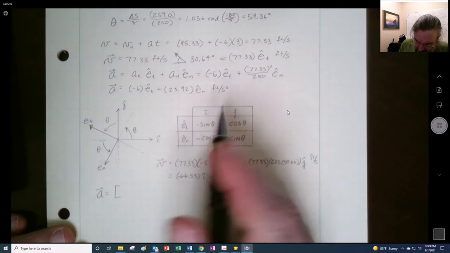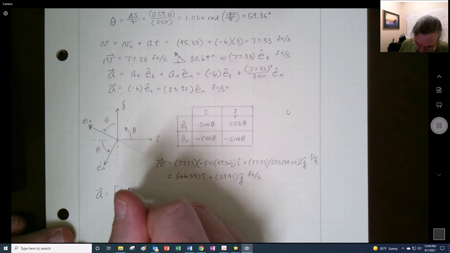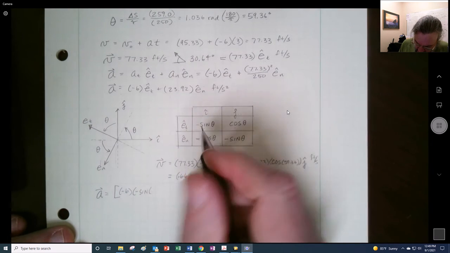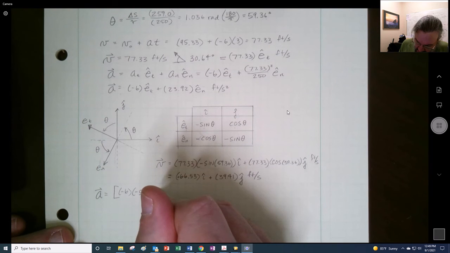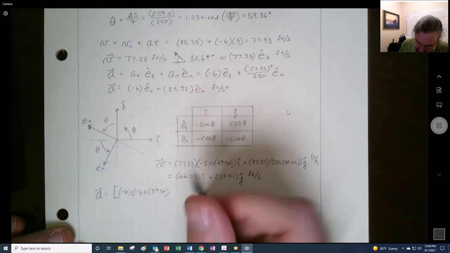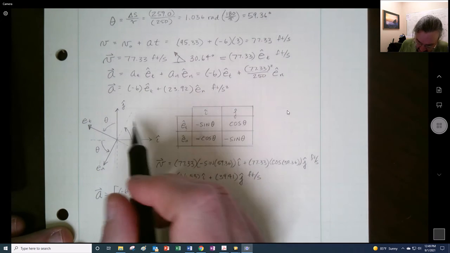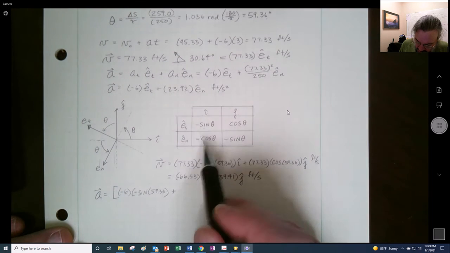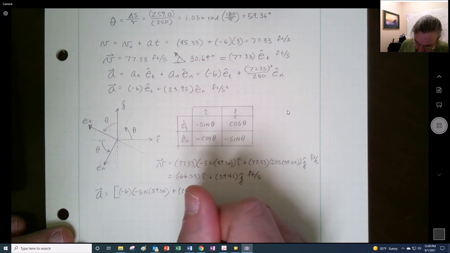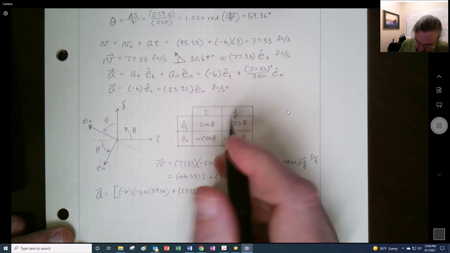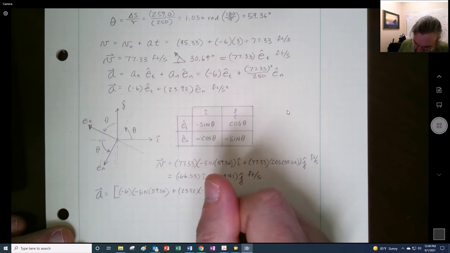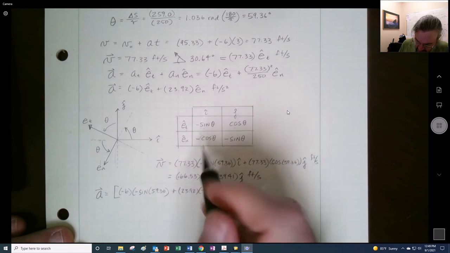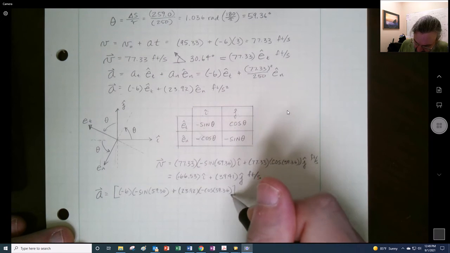I'm going to take that -6 and multiply it by a negative sine of 59.36. And I'm going to add onto it that 23.92 times the negative cosine of 59.36, and these are both i's.